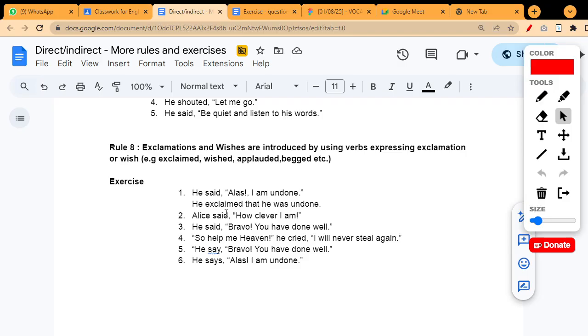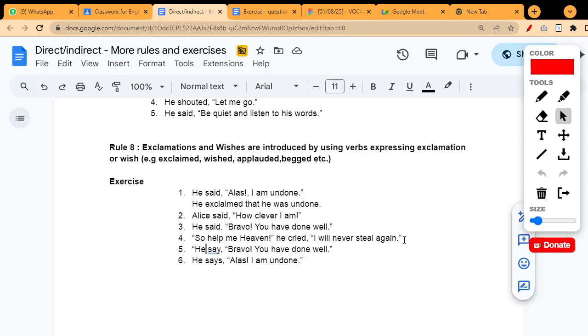Now, Alice said, how clever I am. Okay, so again, you could use the word exclaimed here. So help me heaven, he cried, I will never steal again. Again, here you could probably wish, or you could beg, because you are now saying that I will never steal again.